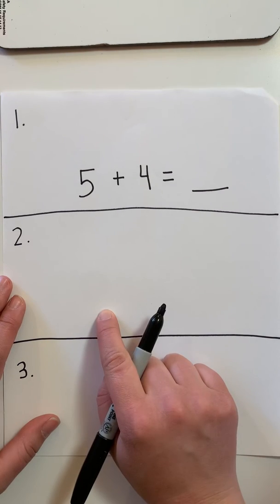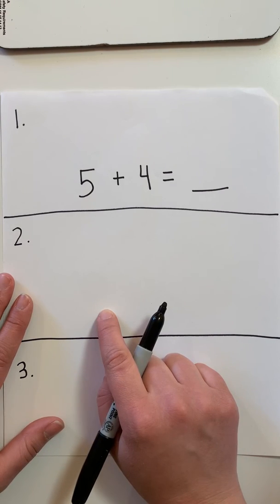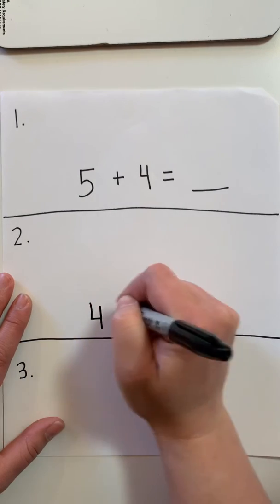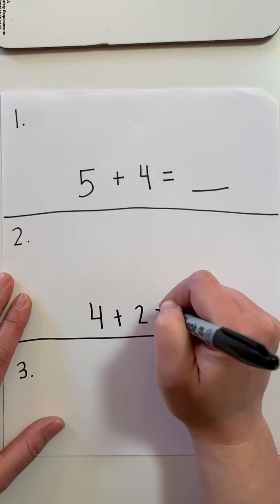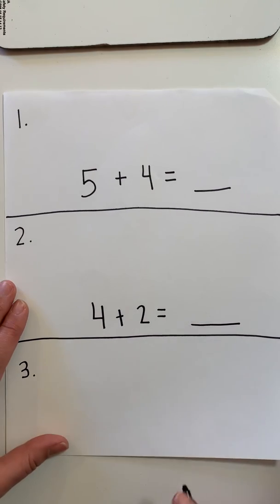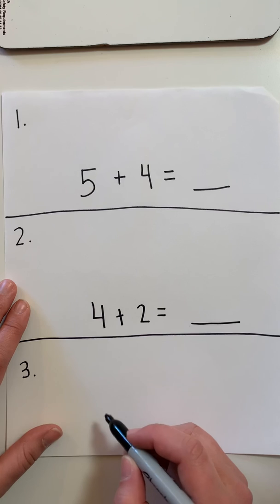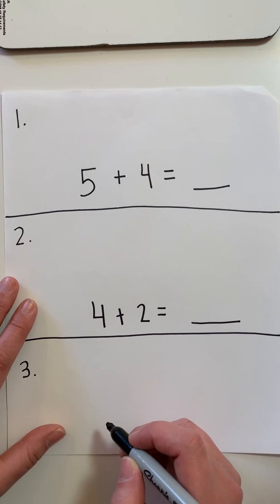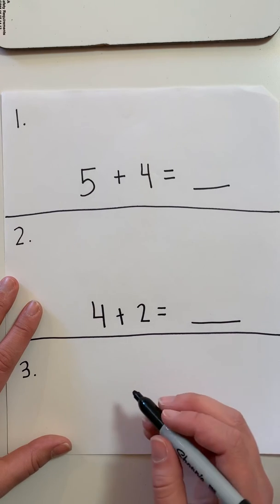The next one you're also going to draw a picture for. It is 4 plus 2 equals. The last one that you're going to do, you're going to need to draw a number line. So you might need a mom and dad's help or a big brother or a big sister.